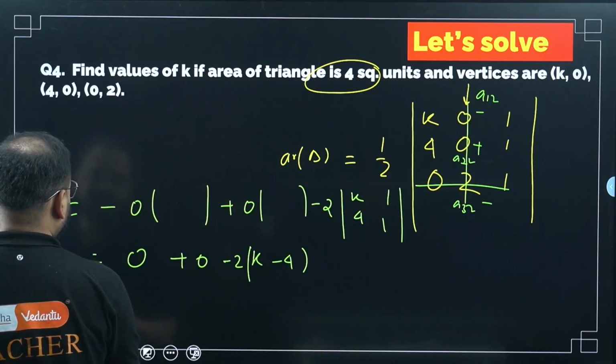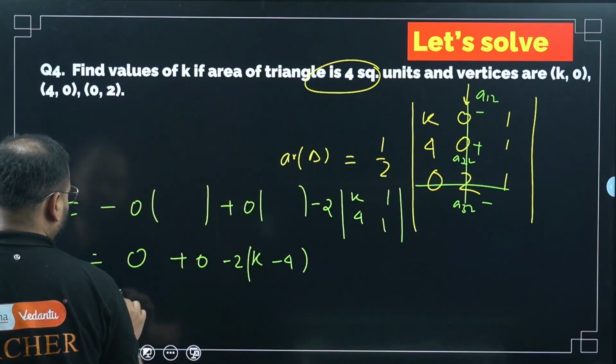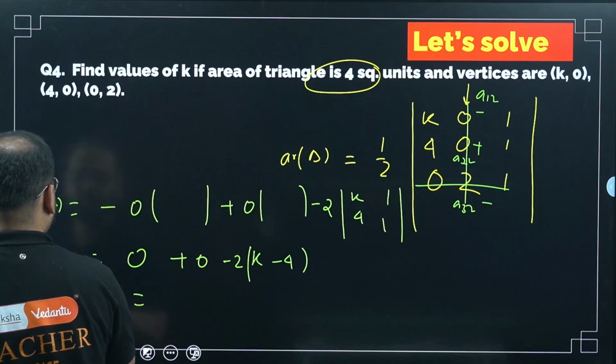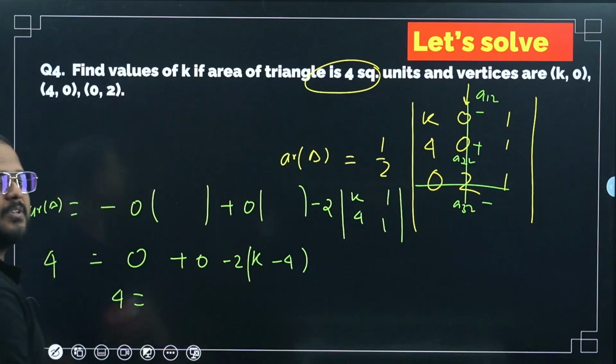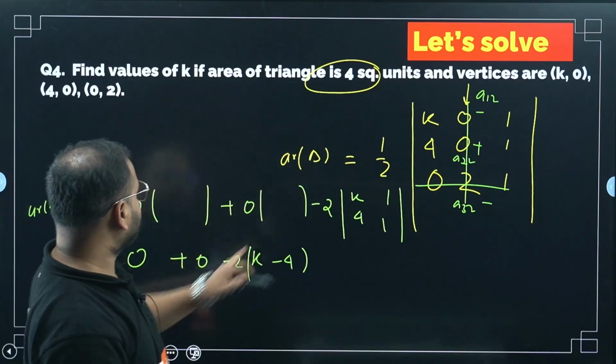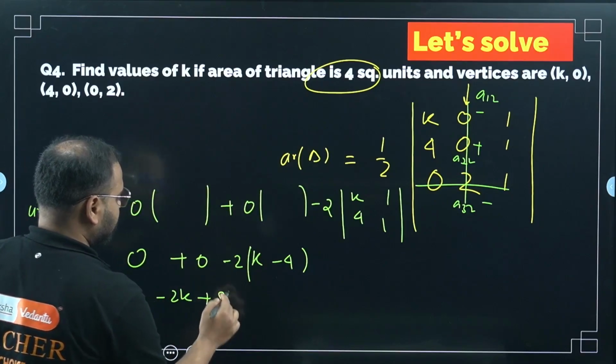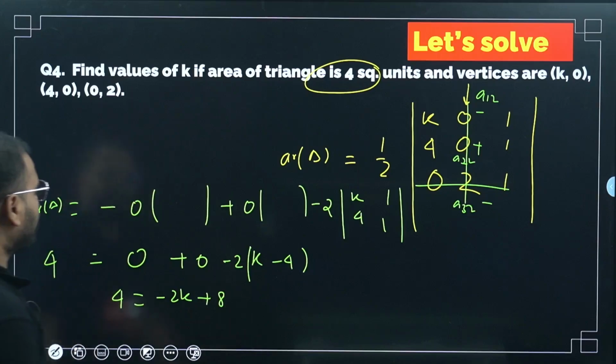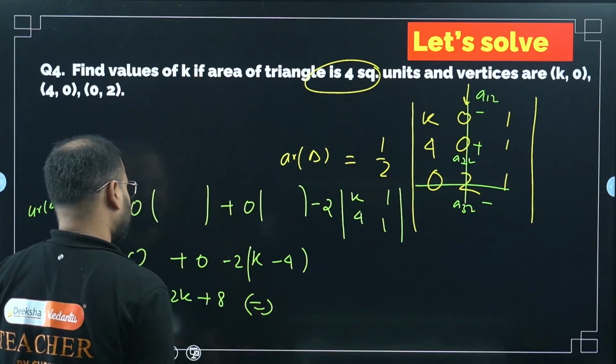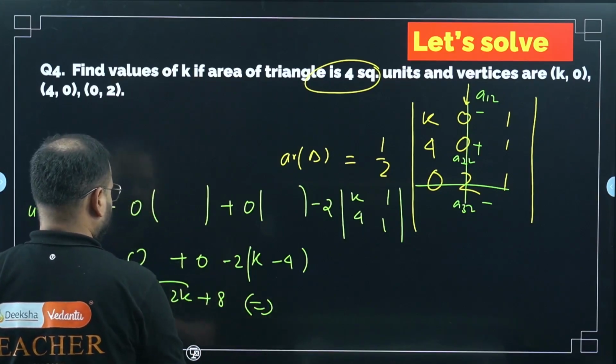So what do I get here? Area is given as 4 square units. So 4 equals, this is simply minus 2k plus 8. I can bring this 2k over here and 4 over there.